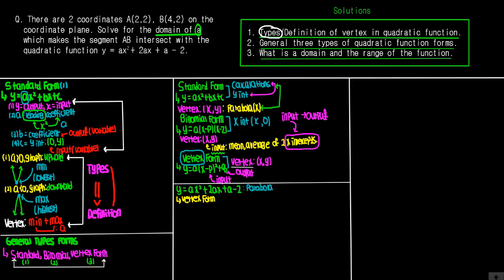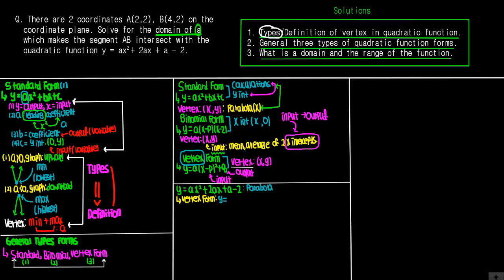And we know that solving for vertex form is the same thing as completing the square. So if you think about our function here, y is equal to ax squared plus 2ax plus a minus 2, all of the terms are divisible by a except for negative 2, so we can change it here.